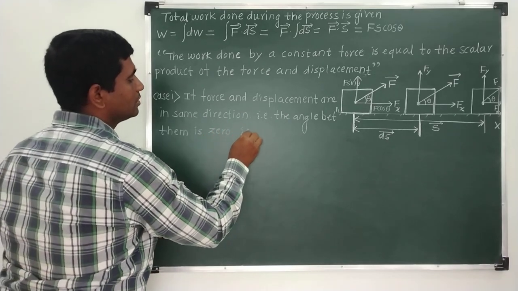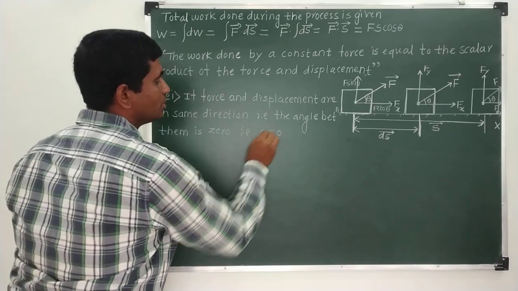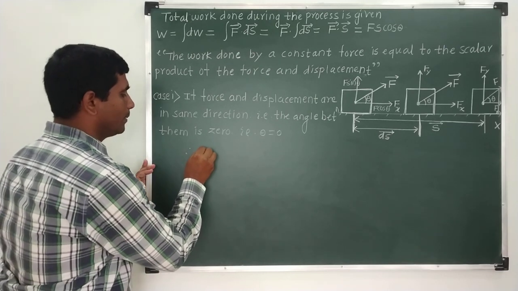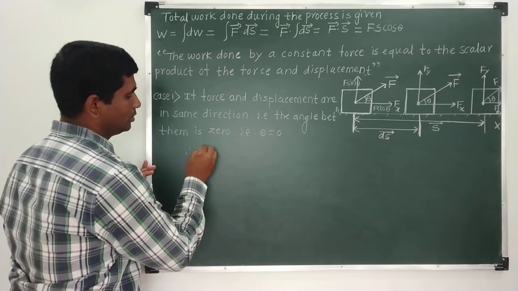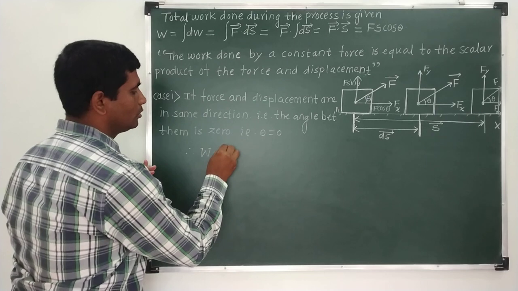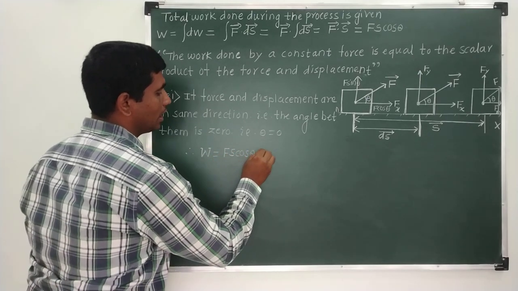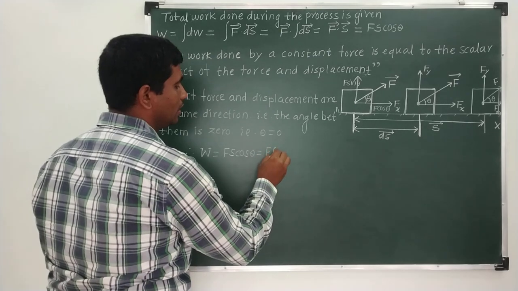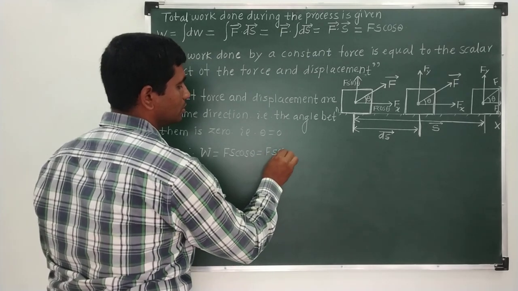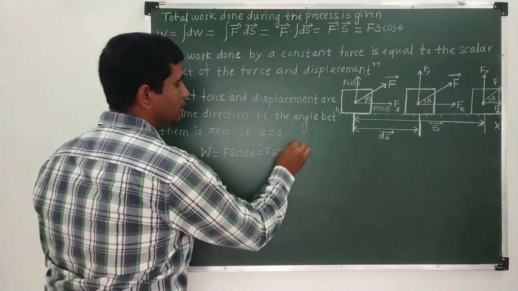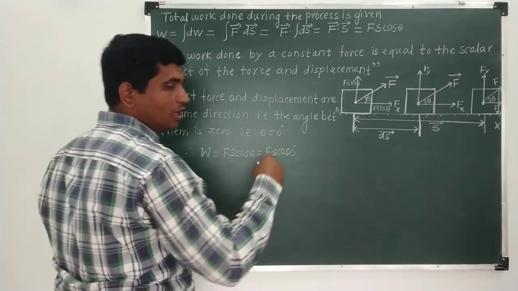That is, theta is equal to 0, and therefore W is equal to F into S into cos theta, which is cos 0 degree. And what is cos 0?